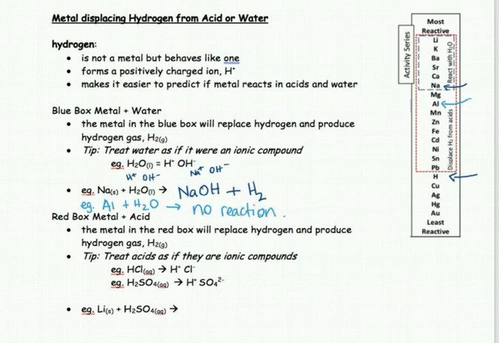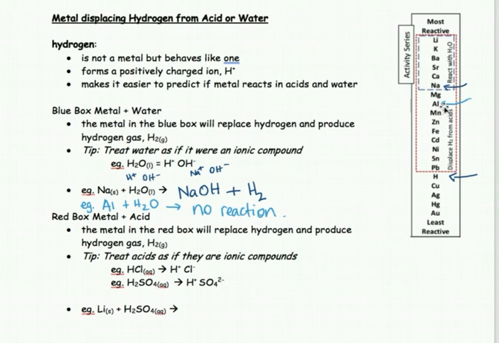So again, sodium worked. It was in the water box. It is higher than hydrogen, so it displaces it. But if a metal that is not in the water box comes in and tries to knock it out, it's not going to work. The same thing applies if anything is below hydrogen down here. Like silver, mercury, these are all not in the water box, and they're lower than hydrogen, so they're not going to come in and knock out the hydrogen.